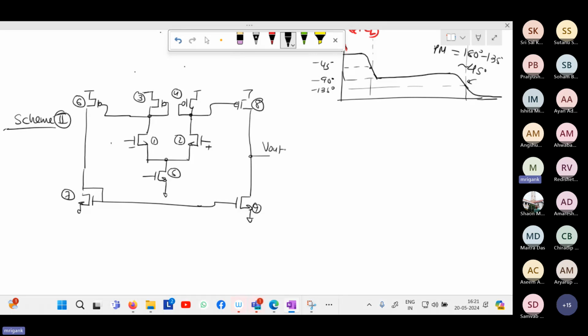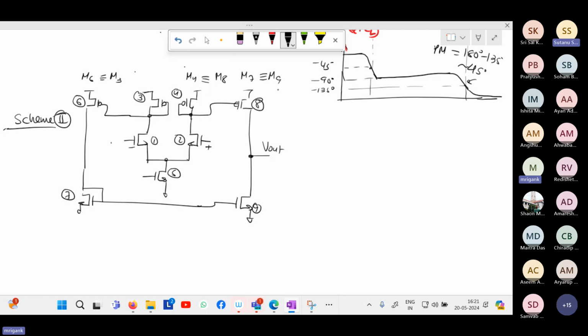So in this case, what is the gain? I'm telling you, this is the output, single ended output. What is the gain? Assuming that the sizes are same, M6 equal to M3 and M4 equivalent to M8. Likewise, M7 equivalent to M9.